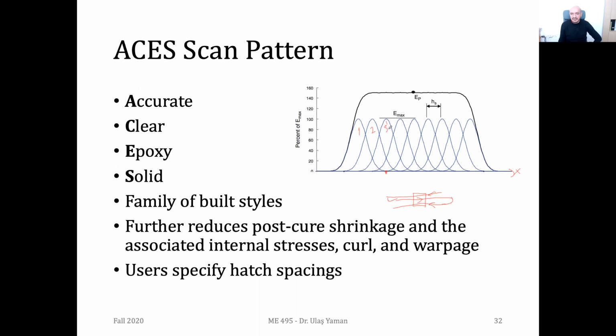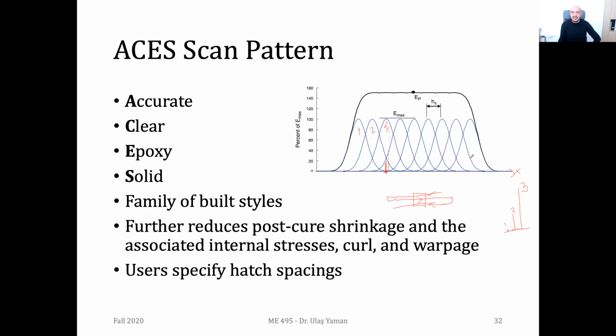Now you see that this is the amount of energy we apply on the point for the third one. For the second one, this is the amount we apply. And for the first one, we apply very little. So let me draw them here. This is the maximum we apply once you go with the third one. This is the second one. And for the first one, we have very little.